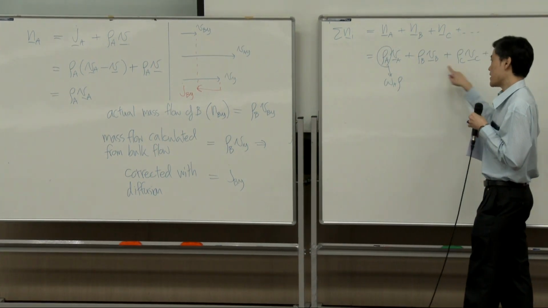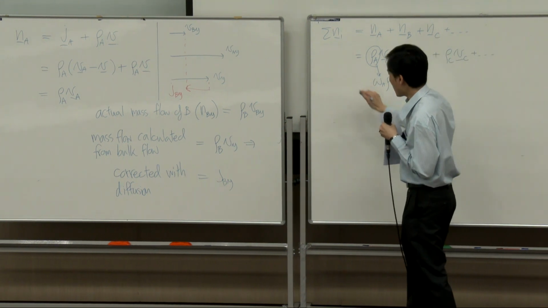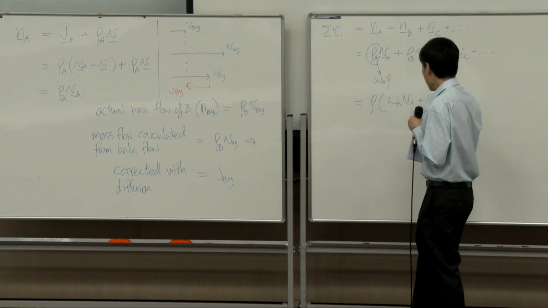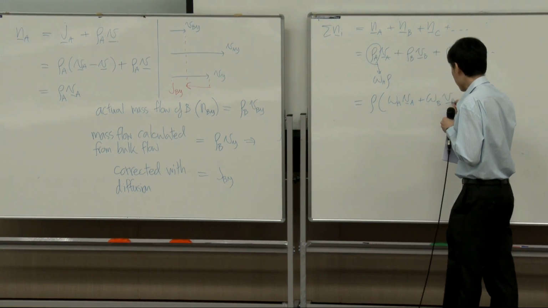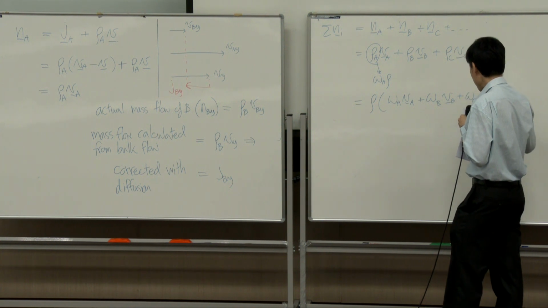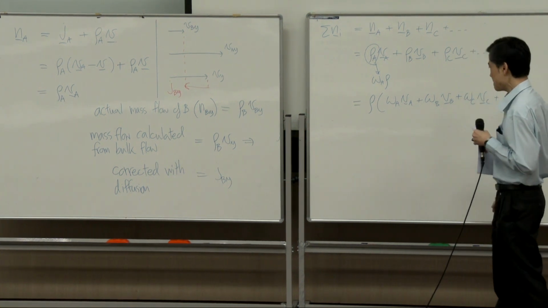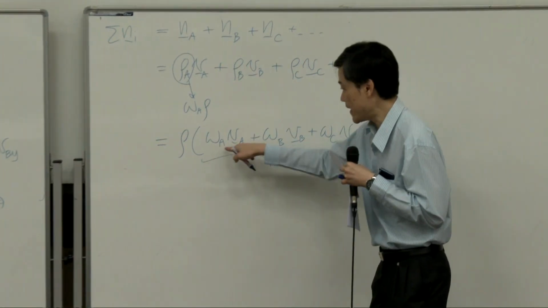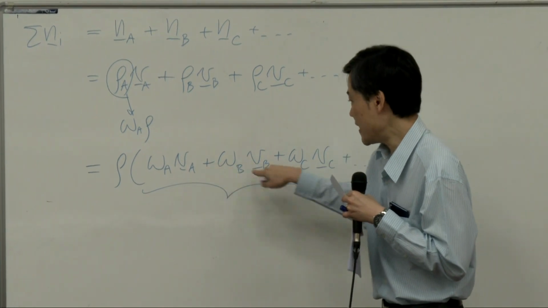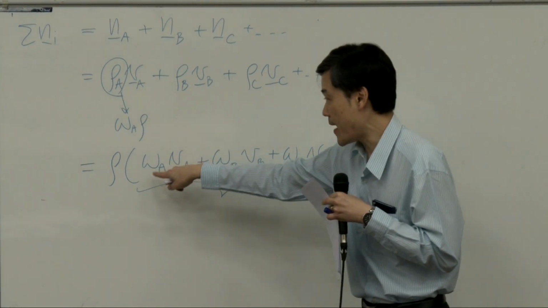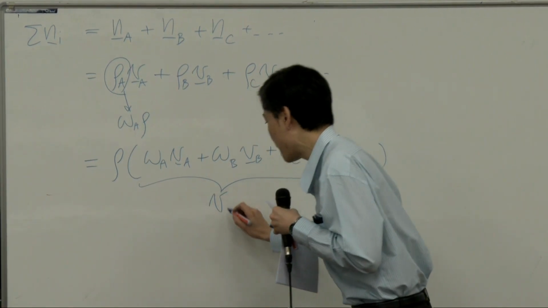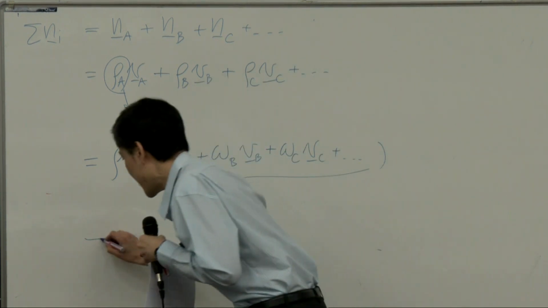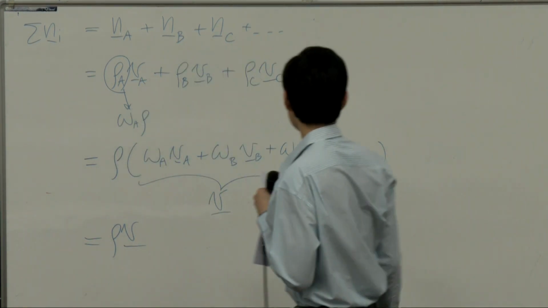Rho B would be omega B times rho as well. So if I take rho out, inside I get omega A VA plus omega B VB plus omega C VC and so on. This, once again, is the weighting average of individual velocity, weighting by mass fraction. So this is average solution velocity or mixture velocity. So at the end, you get rho V.